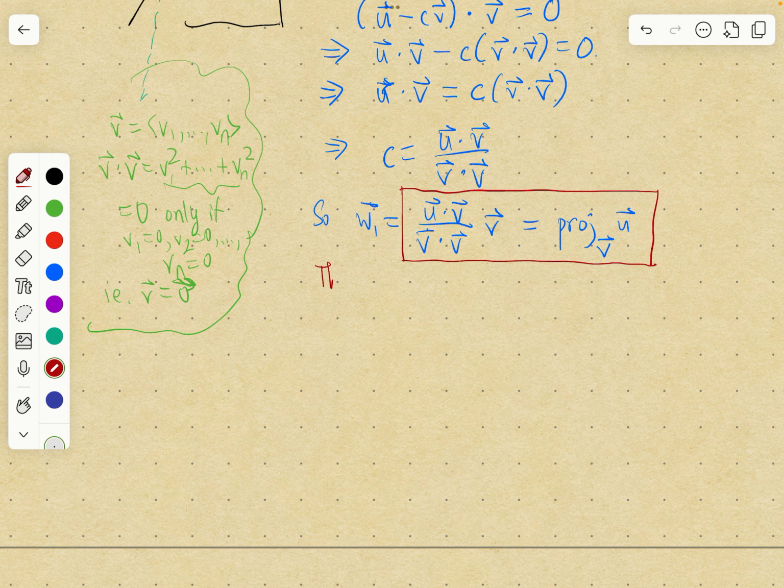That's called the projection of U onto V. It's kind of a misleading phrase, U onto V, because you're not taking U to V. It's not like you're taking U and then somehow making it land on V or something like that.